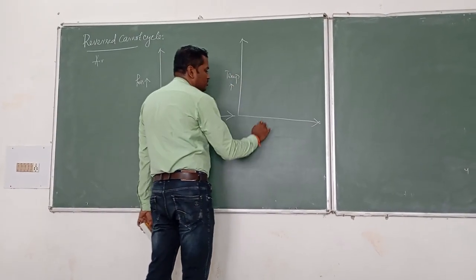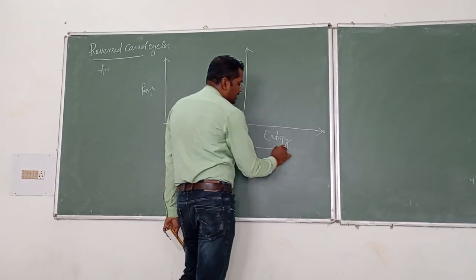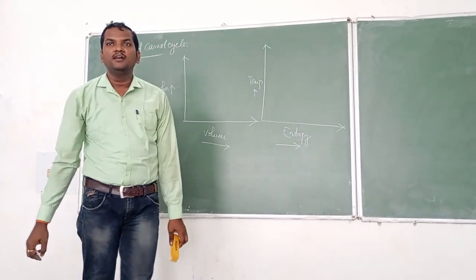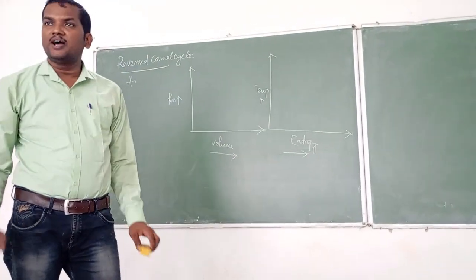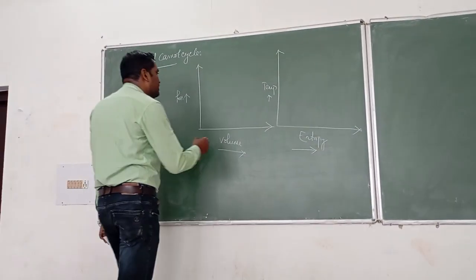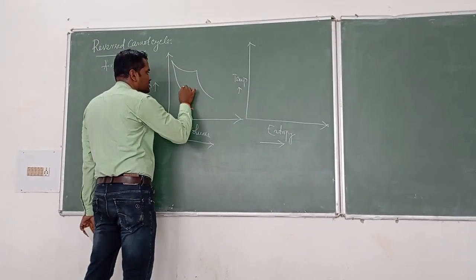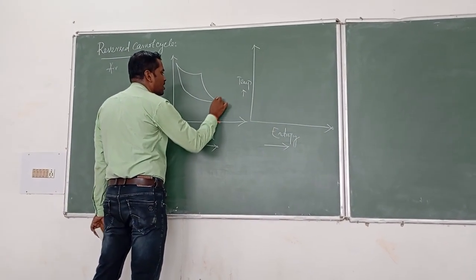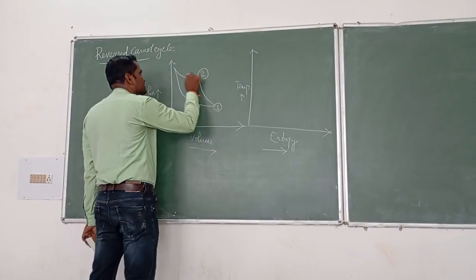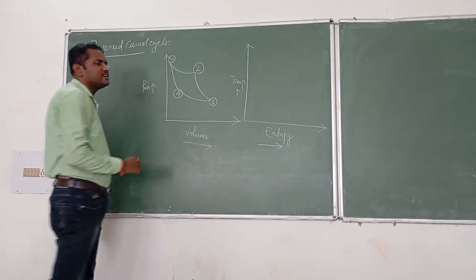As we know, in a reverse Carnot cycle there are two isothermal processes and two isentropic processes. In the PV diagram, this is state 1, this is state 2, this is state 3, and this is state 4. There are 4 states.